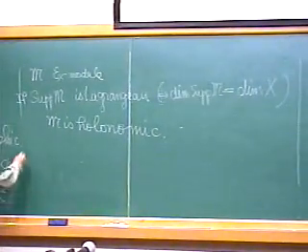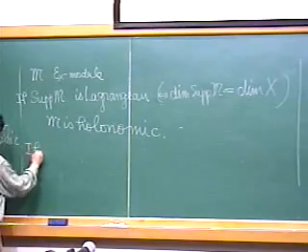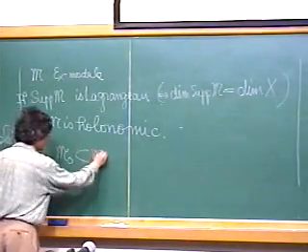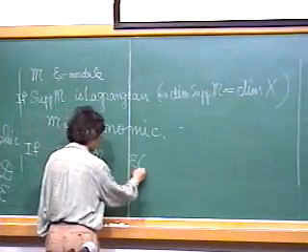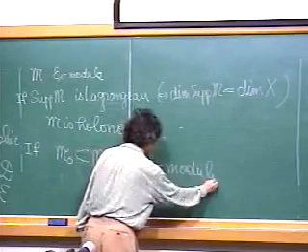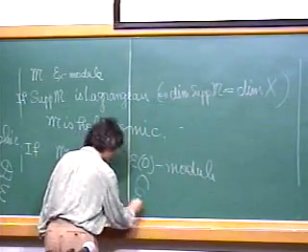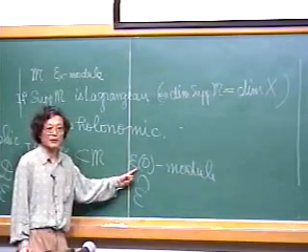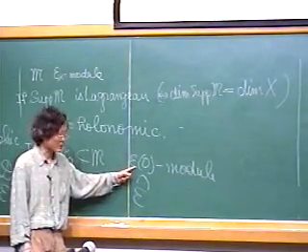And if there is a sub-module, sub-E0 module, E0 is a subring of E, and this is a ring.